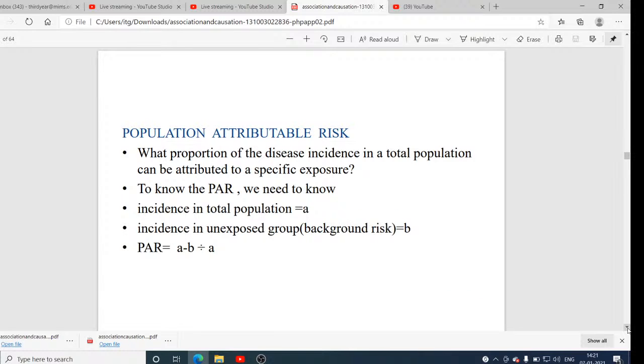Population attributable risk: what proportion of the disease incidence in a total population can be attributed to the specific exposure?